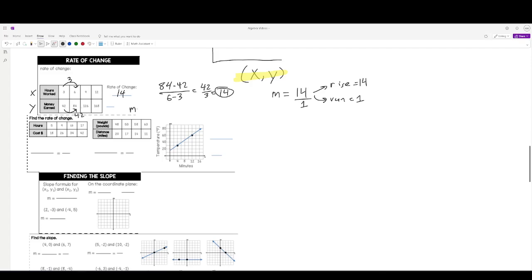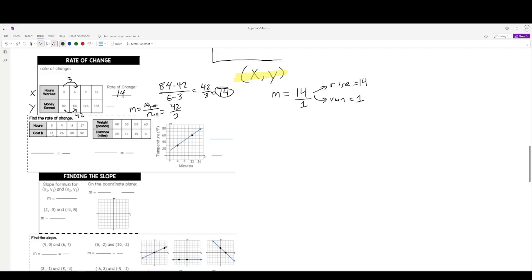So then I would just say my slope is my rise over my run, which is 42 over 3. And notice that's the exact same answer we got with the slope formula, but I didn't have to actually plug in all of these numbers. So typically from a table, rather than using the actual slope formula, we just count rise and run, similar to how we would on a graph.